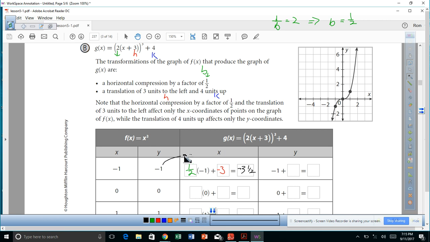That's that -1 right there. -1 plus k, which is 4, and then -1 plus 4 is 3. So that's going to give you a new ordered pair of -2 1/2, 3. That's going to be about right there.